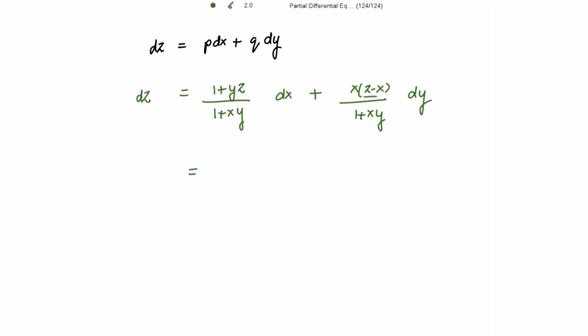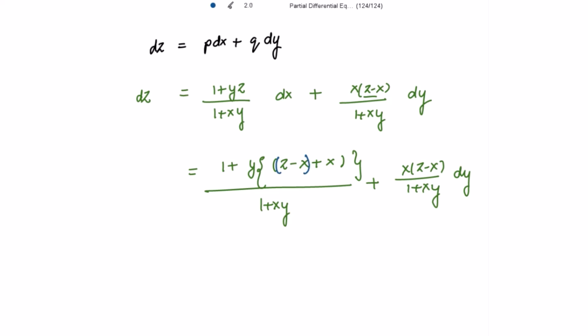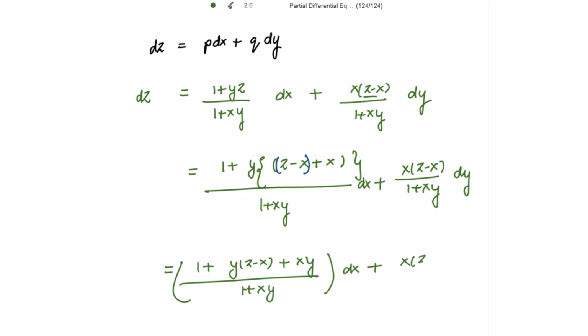Because I'm having z minus x over here, let me add and subtract x from z. So we have 1 plus y into z minus x plus xy divided by 1 plus xy dx plus x into z minus x divided by 1 plus xy dy.